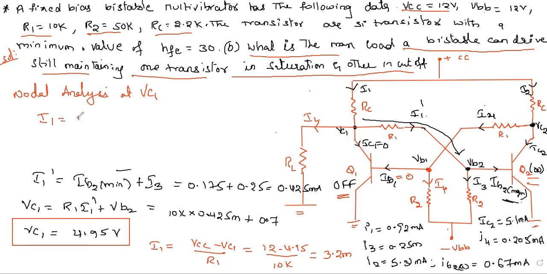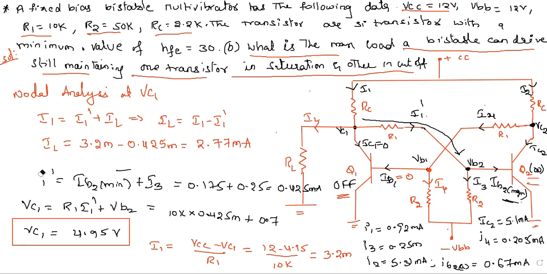So I1 equals I1 dash plus IL, and from this IL equals I1 minus I1 dash. I1 is 3.2 milliamps minus I1 dash of 0.425 milliamps, so IL is approximately 2.77 milliamps. So the transistor can drive the load.